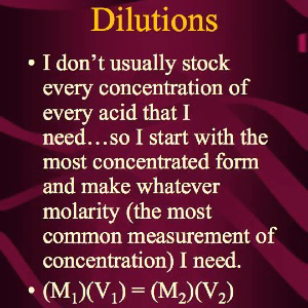So what I do when I make a dilution, for example, today I made a 6 molar solution of hydrochloric acid. However, I did not start with 6 molar hydrochloric acid. I started with 12 molar hydrochloric acid. And because I wanted 6 molar and I wanted 500 milliliters of that 6 molar hydrochloric acid, I poured 250 milliliters of 12 molar concentrated hydrochloric acid into my 500 milliliter volumetric flask.